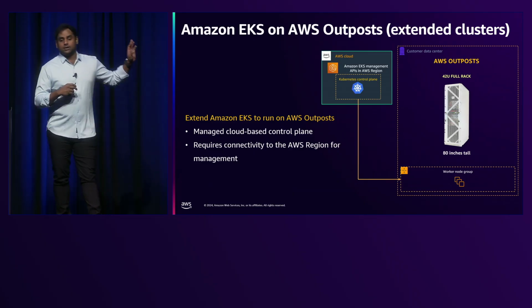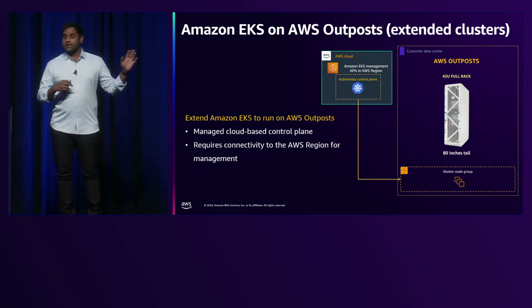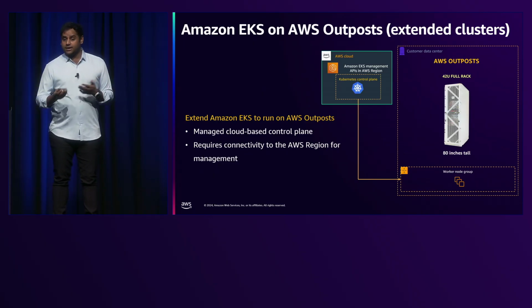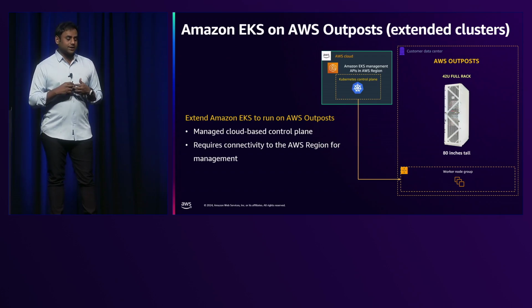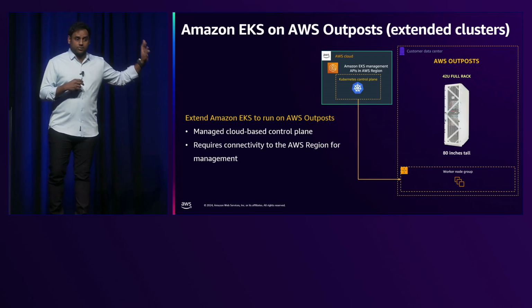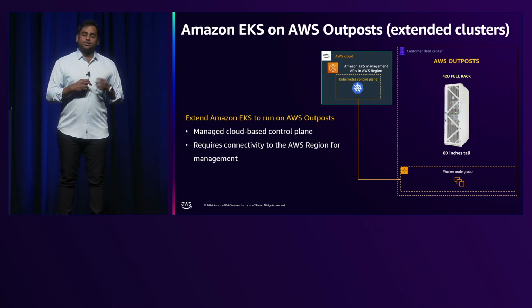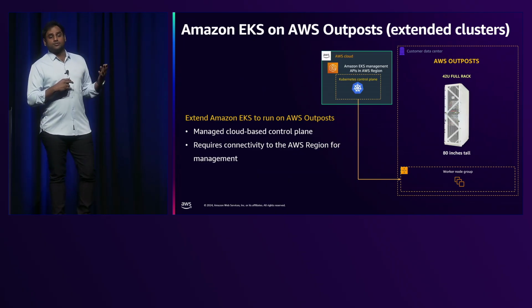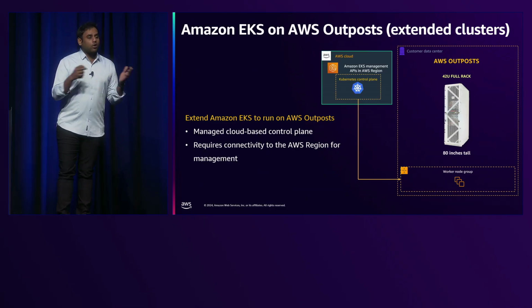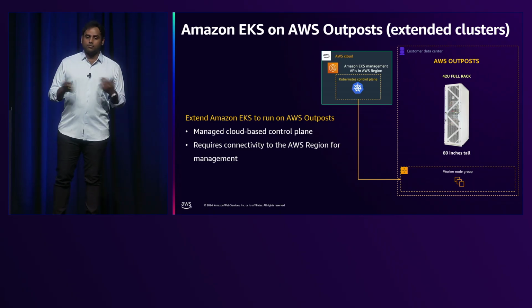Extended clusters, the first option, remain the recommended option from the AWS end because they provide a more integrated and managed experience to customers, where the Kubernetes control plane is completely managed by AWS. And there are also multiple services available within the cloud that customers can directly use to enhance their overall workload portfolio.